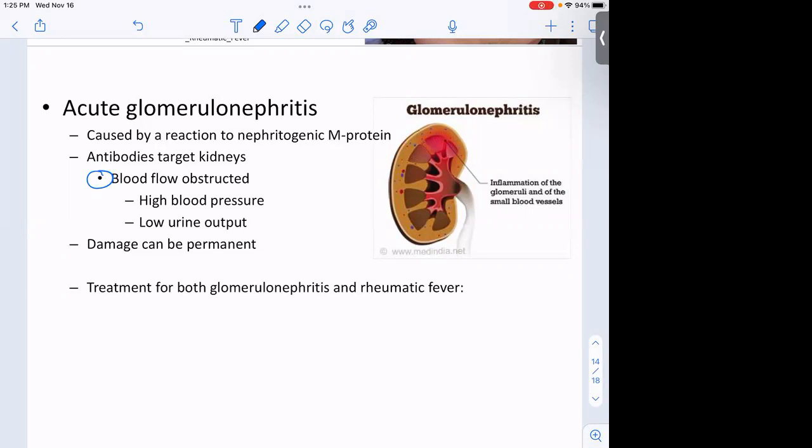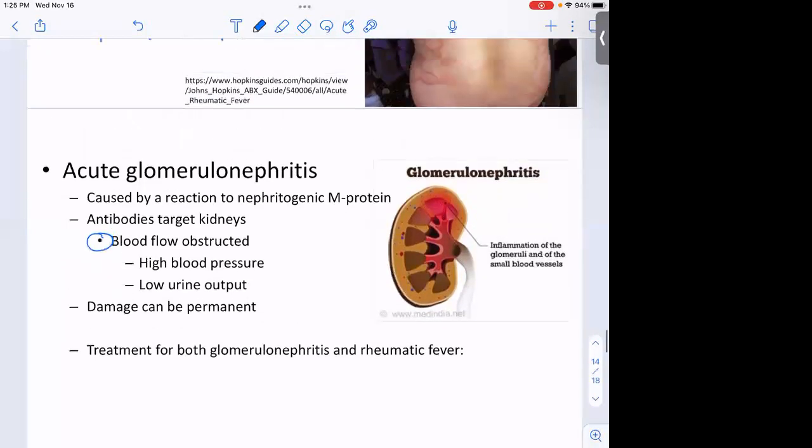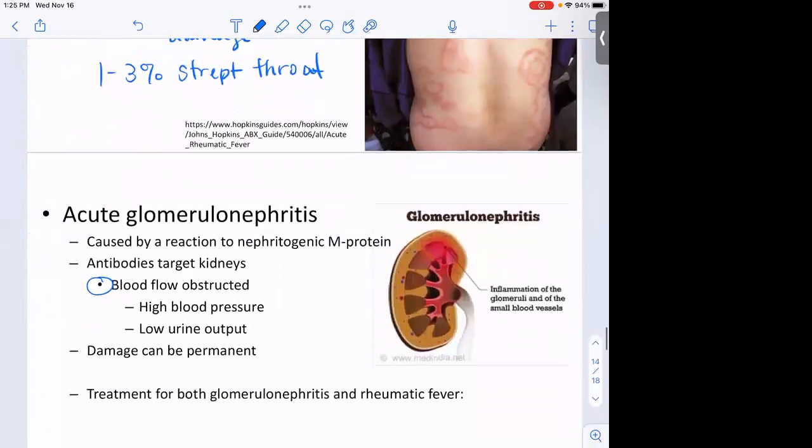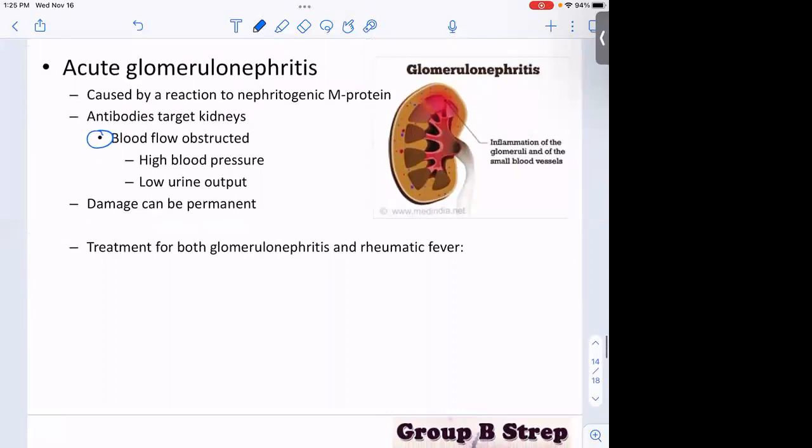So luckily, his damage wasn't permanent, but again, you just gotta treat those strep infections with respect. What do we do? How do we treat either the rheumatic fever or glomerulonephritis? Well, you're going to treat with antibiotics just in case the strep pyogenes is not totally resolved.